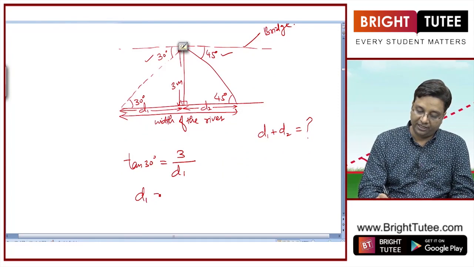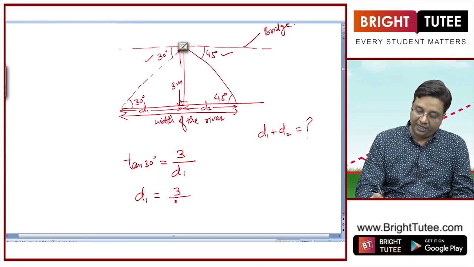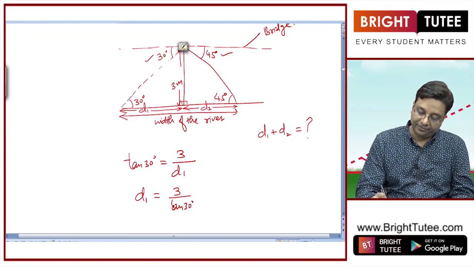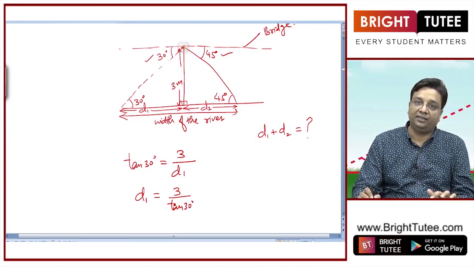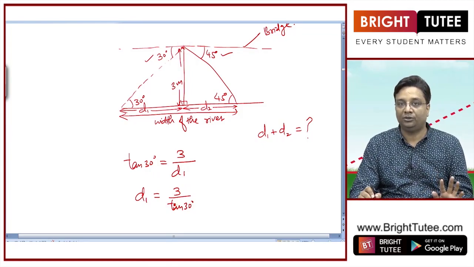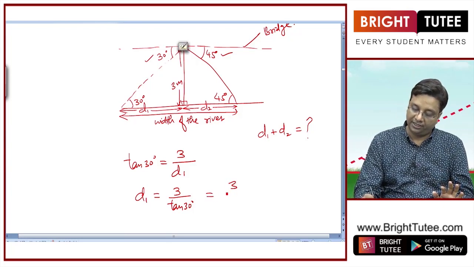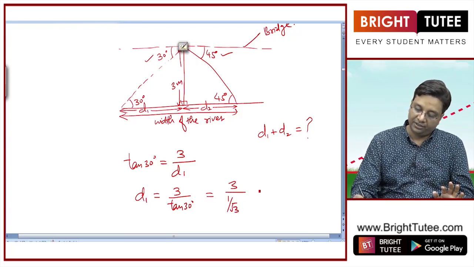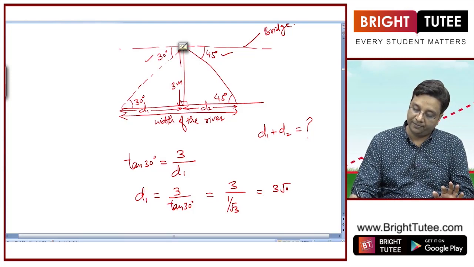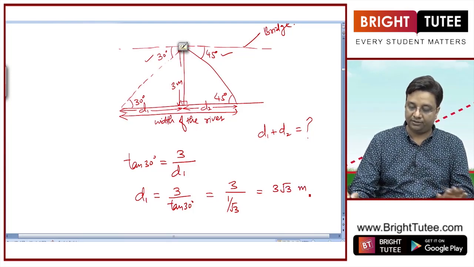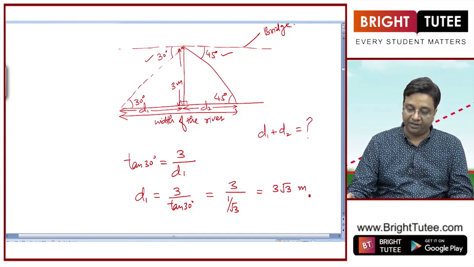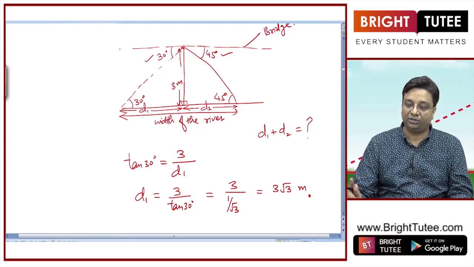So d1 is equal to 3 divided by tan 30, right. And tan 30 is 1 by root 3. So 3 divided by 1 by root 3. This root 3 will go in the numerator. So d1 is 3 root 3 meter.